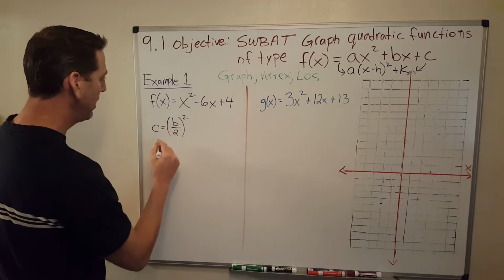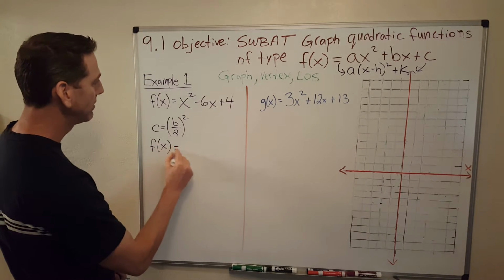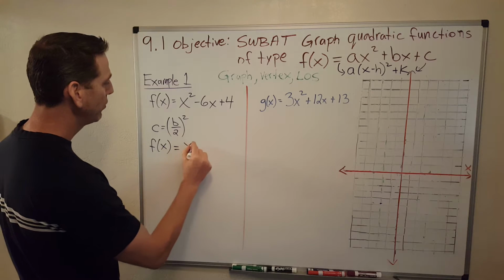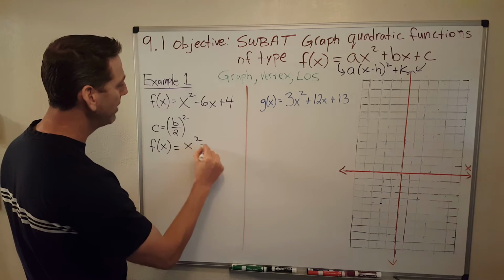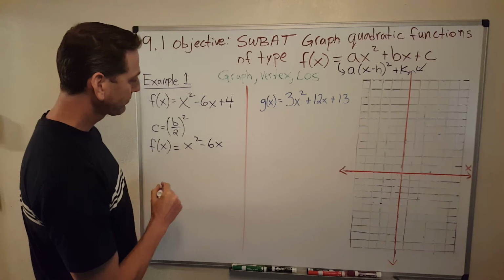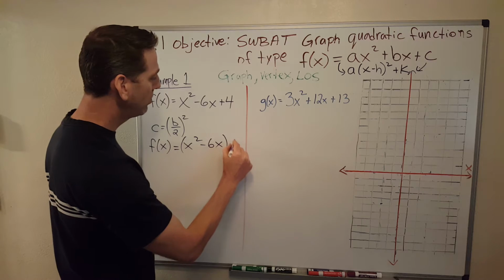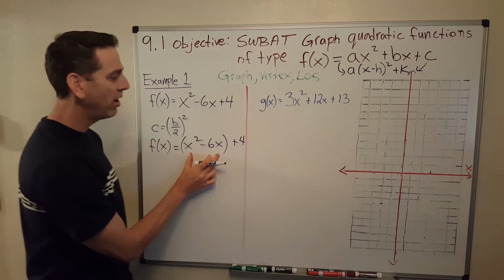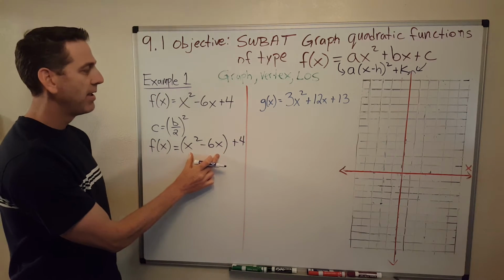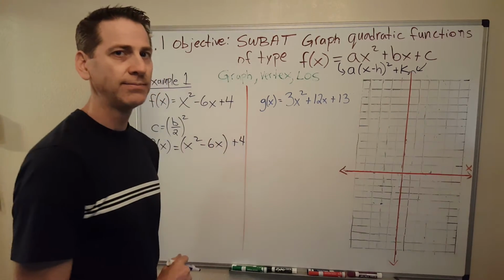So let's rewrite this. We're going to write it like this: x squared minus 6x. Now I'm going to close this part off, and I'm going to keep my 4, that constant, outside.